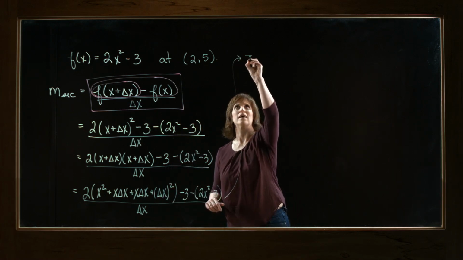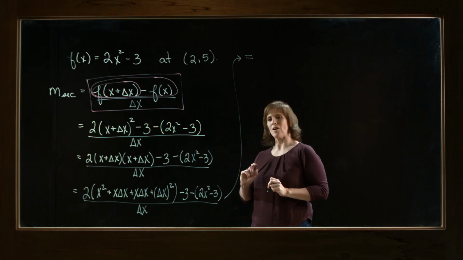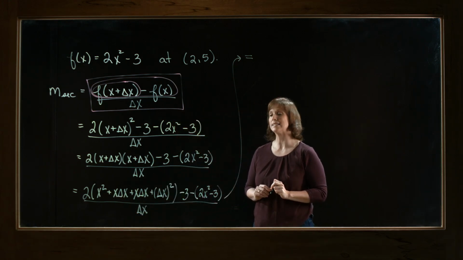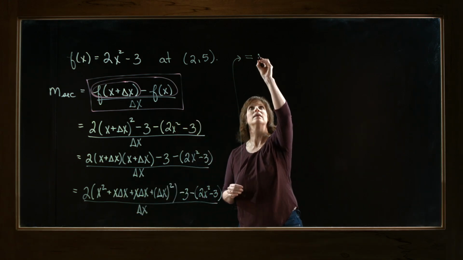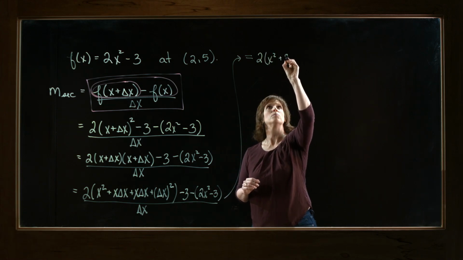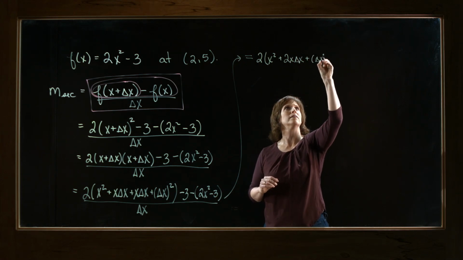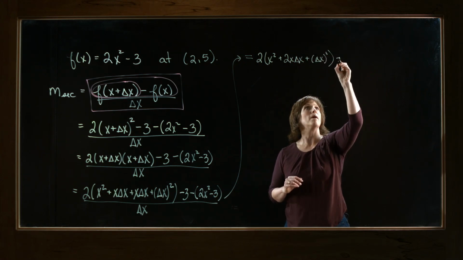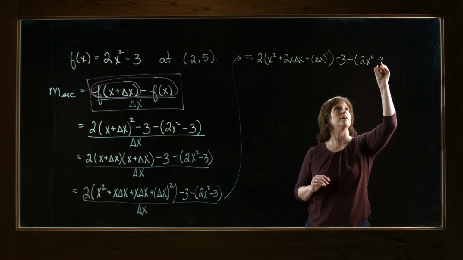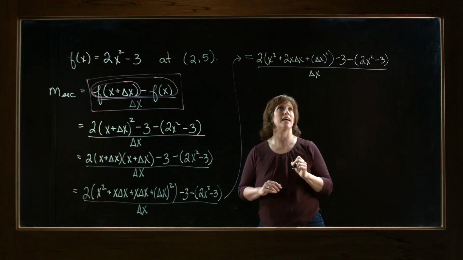More algebra. Before I distribute, I'm going to notice that I have two terms here that are exactly the same. So I'm going to combine them. So I'll have 2 times the quantity x squared plus 2x delta x plus delta x squared, minus 3 minus the quantity 2x squared minus 3, all over delta x.